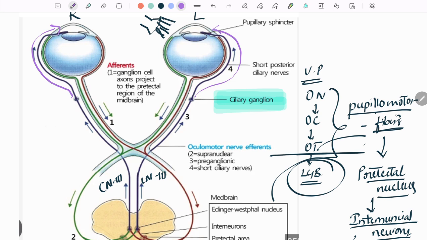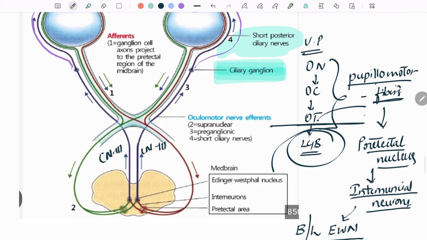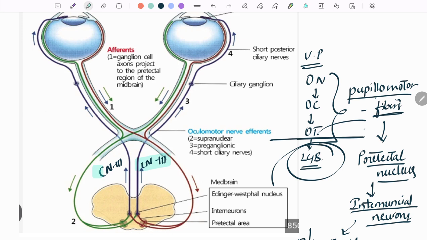This is the short ciliary nerve, and this short ciliary nerve will supply the pupillary sphincter or the sphincter pupillae. What is the action of the sphincter pupillae? Constriction of the pupils.